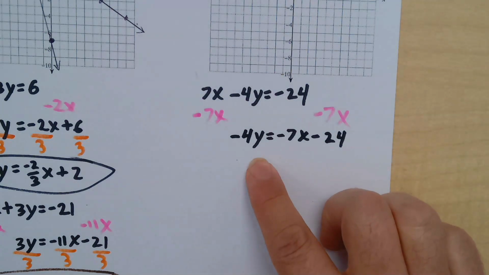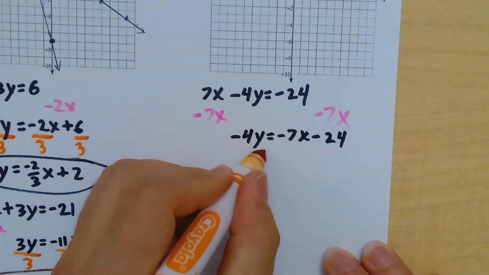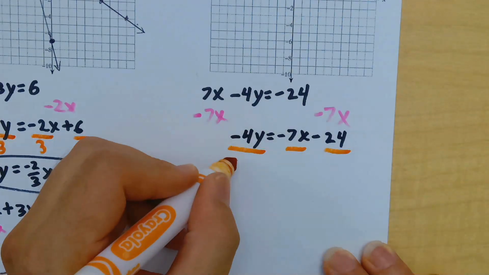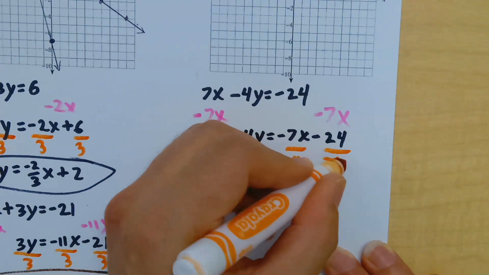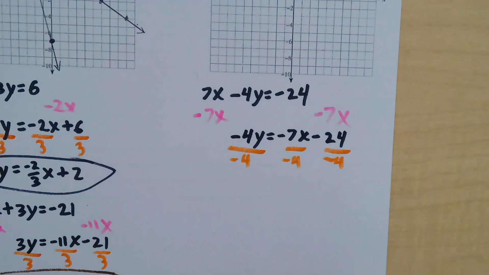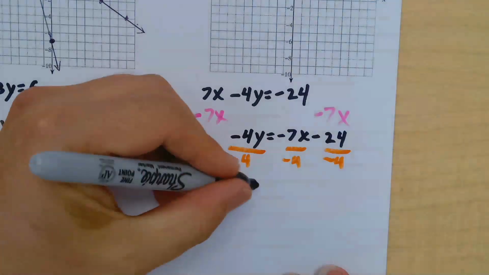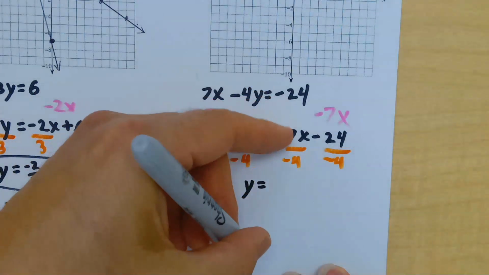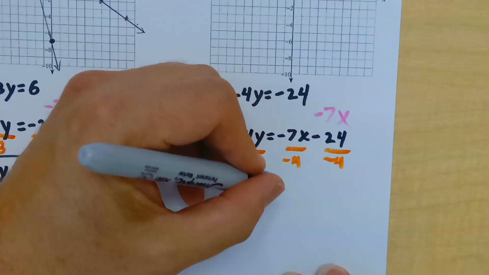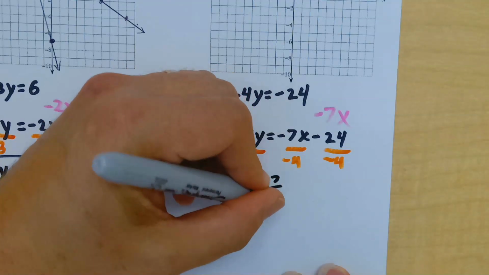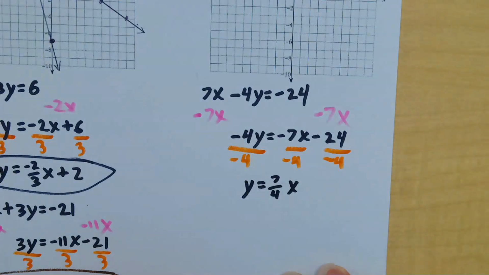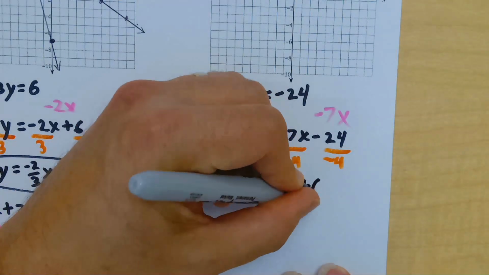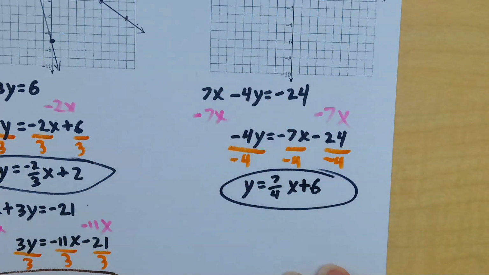And now I'm going to isolate y by itself by dividing each term by negative 4. Okay, and then I end up with y equals, and negative divided by negative gives me a positive, so positive 7 over 4x, and then negative 24 divided by negative 4 gives me positive 6. So that's my first equation.